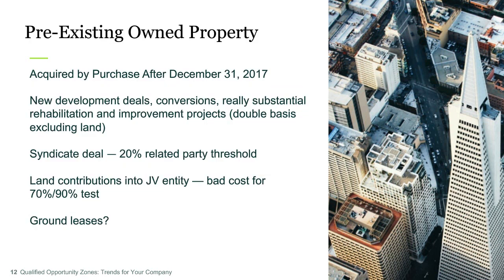On pre-existing owned property, one of the requirements for the program is that the property has to be acquired by purchase after December 31st, 2017. So for those of you with assets acquired 2018 forward, this is less of an issue. For those of you who own land, vacant buildings, or projects that could require a substantial amount of renovation or deferred maintenance, and you already own those prior to December 31st, 2017, the question is, how do I make a deal work in that situation?